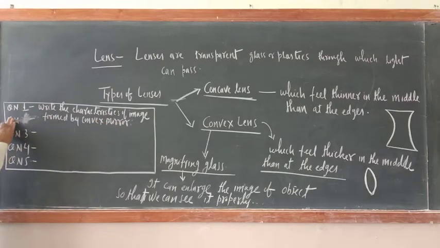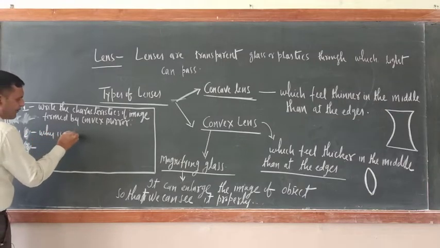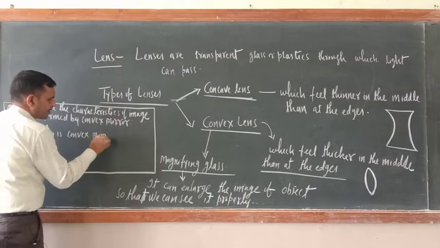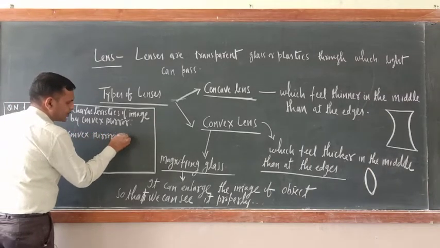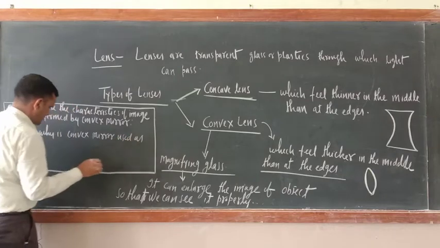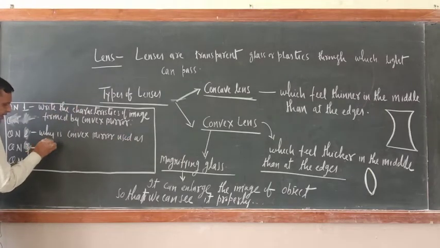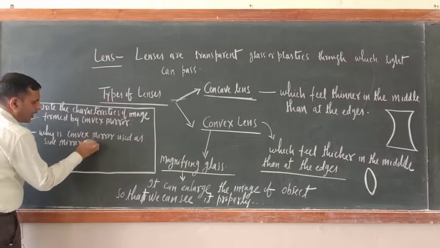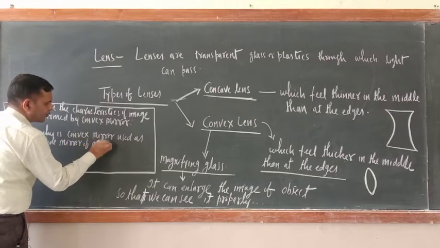What is the second question? The second question is, why is convex mirror used as side mirror of automobiles?